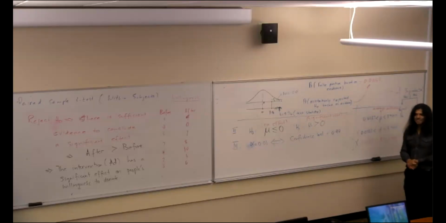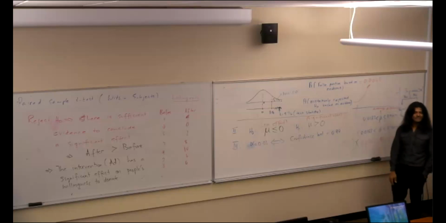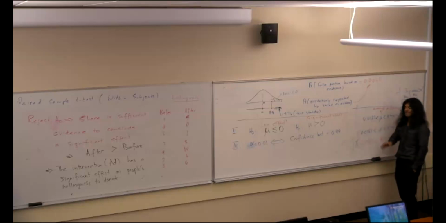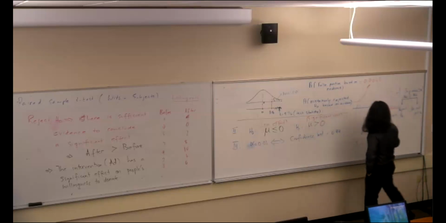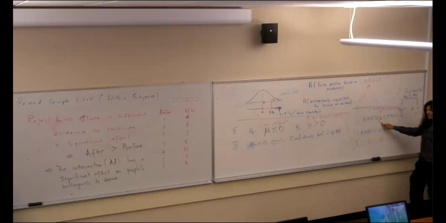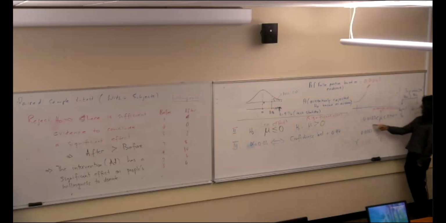No, it can't equal 0 because the lowest value is 0.01. 0 doesn't fall here. So you are 99% confident that 0 is not a possible value, which means it's definitely bigger than 0. All the values are bigger than 0. Good.